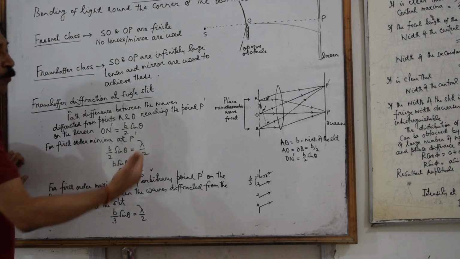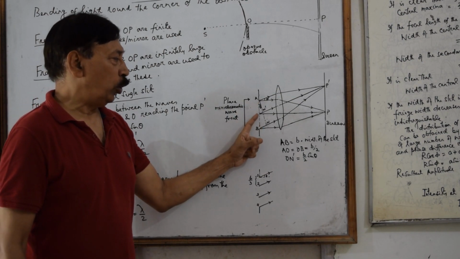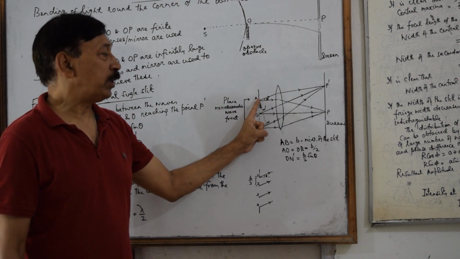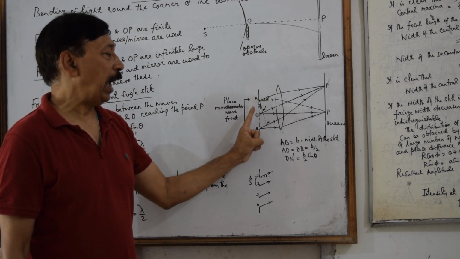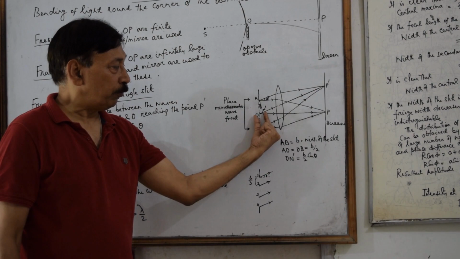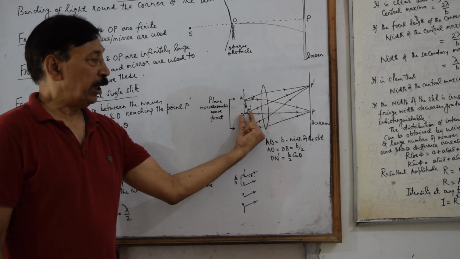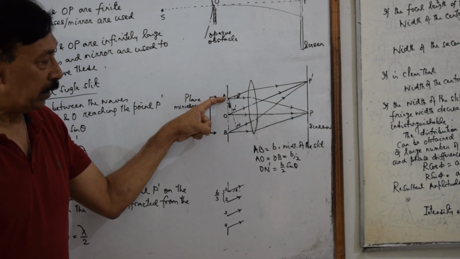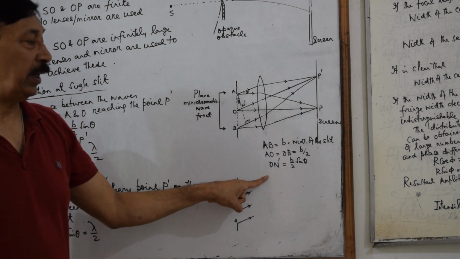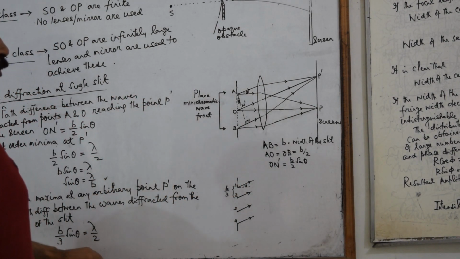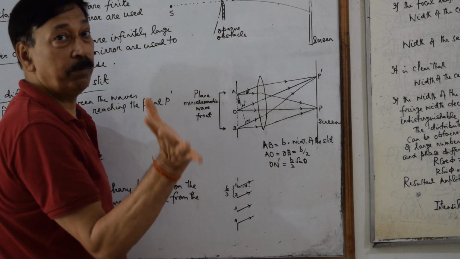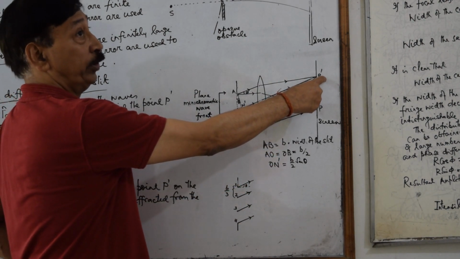Now, if you observe the points A and O, O being the midpoint of the slit, the waves diffracted from points A and O reaching the point P prime on the screen have a path difference of ON prime, which is equal to b by 2 sine theta, as this is b by 2 and this angle is theta. So it is equal to b by 2 sine theta. And if the path difference between the waves diffracted from A and O reaching the point P prime be lambda by 2, we will be getting the minima here, the first minimum.